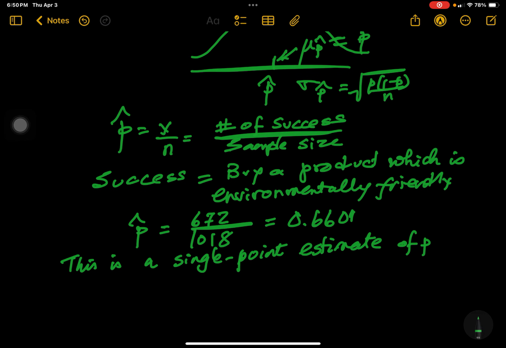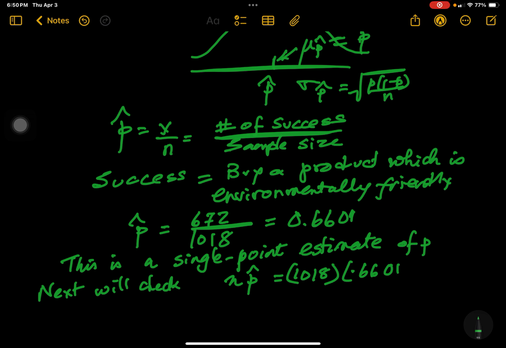Next we will check n times p hat. n is your sample size, 1018, and p hat is 0.6601.